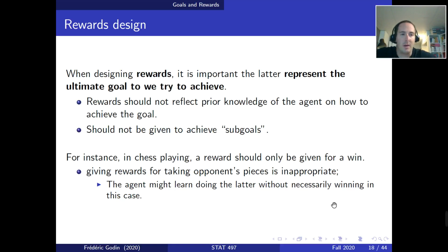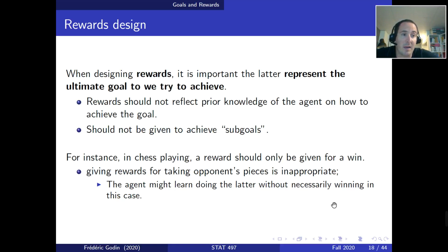what you should do in chess is give, for example, a reward of 1 if you win, and a reward of -1 if you lose. And then for all other states, give a reward of 0. So one could think instead, well, why not give a reward every time you take an opponent's piece?